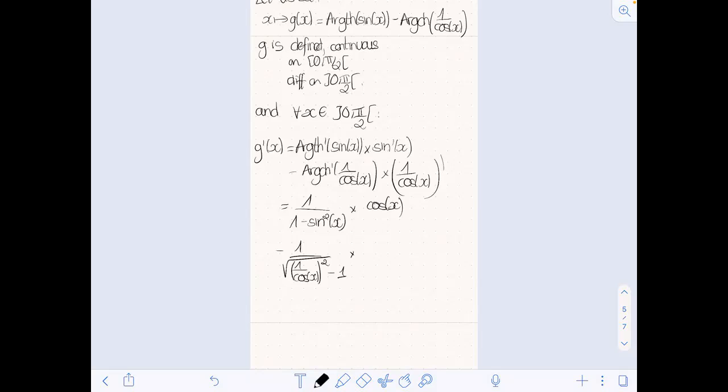So if you want to do that, you get minus u over v. There's 2 ways of doing this. Minus sine of x divided by cosine of x squared, hopefully.